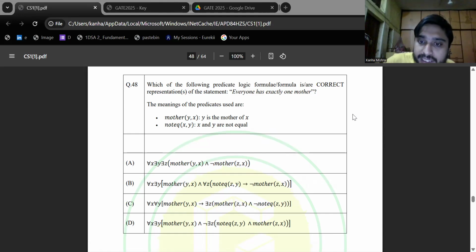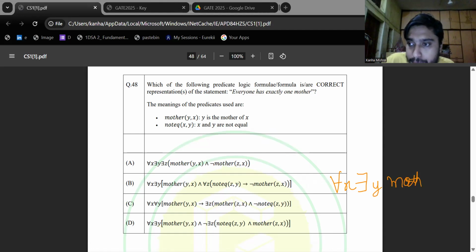Formally, for all X, there exists a mother Y such that mother(Y, X), meaning Y is a mother of X. Second is uniqueness. For every person X, if there is any other person Z who is also mother of X, then Z must be the same as Y.